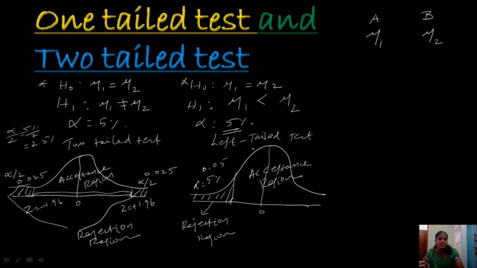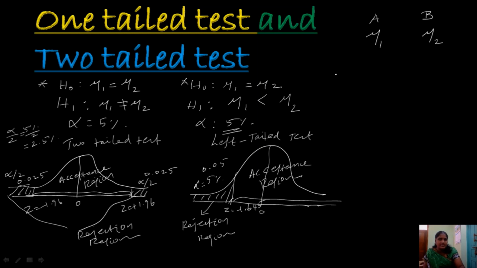So the value of Z at 5% level of significance for a left tail test is minus 1.645. So if my calculated value falls in this region, I have to accept, or otherwise I have to reject the null hypothesis H naught.